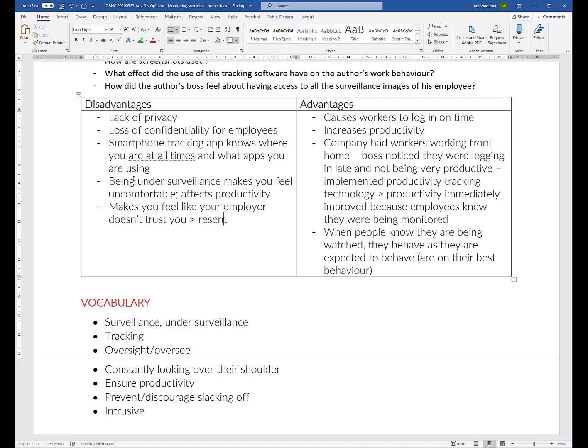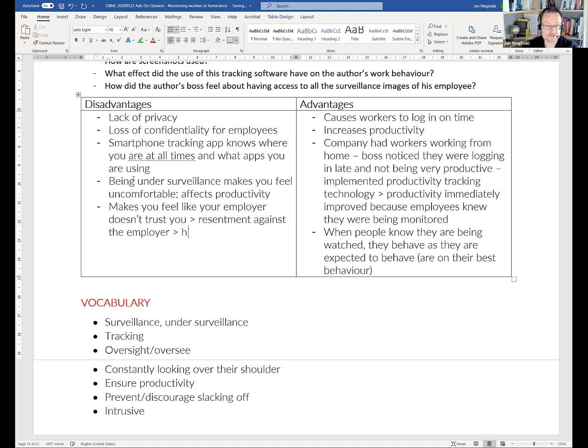So it leads to feelings of resentment against the employer. What does resentment mean? That you don't like someone because they're not treating you in a way that you think you deserve.